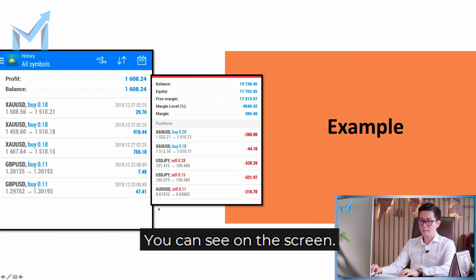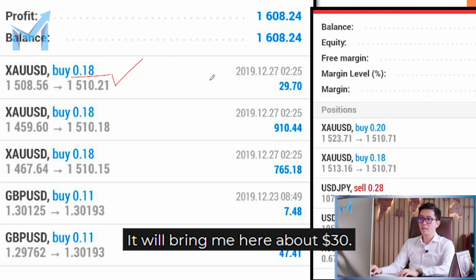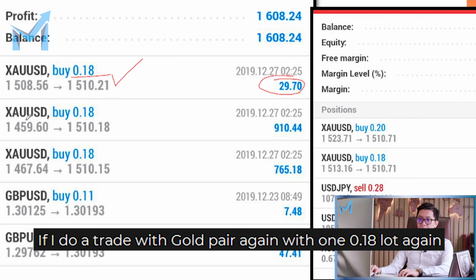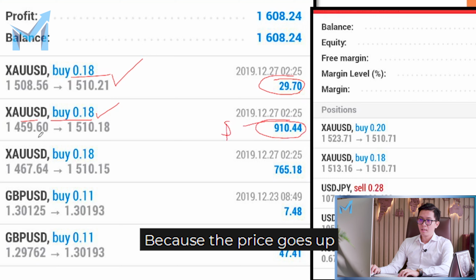You can see on the screen, if I trade a gold pair with 0.18 lot, it will bring me around $30. If I trade the gold pair again with 1.18 lot, the profit I can have here is around $1,000 because the price goes up.